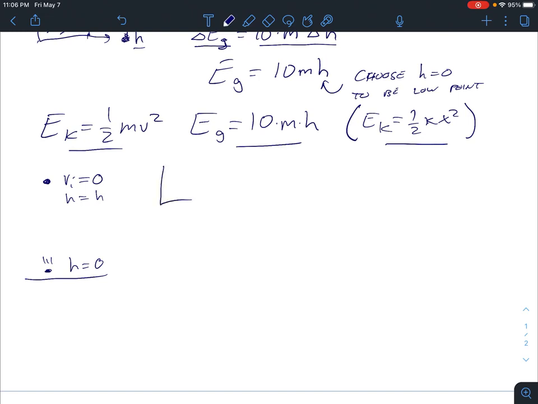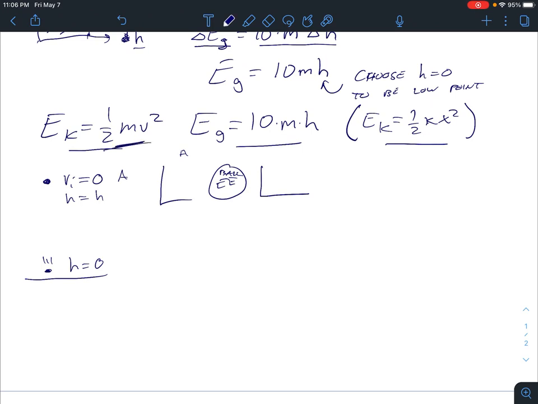So the first thing we would do is just make a quick LOL diagram here with the ball and the entire Earth in the system. And here at the beginning, in position A, it doesn't have any velocity, so it doesn't have any kinetic energy. This would be 0.